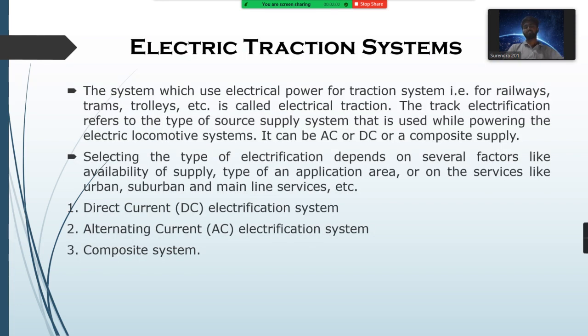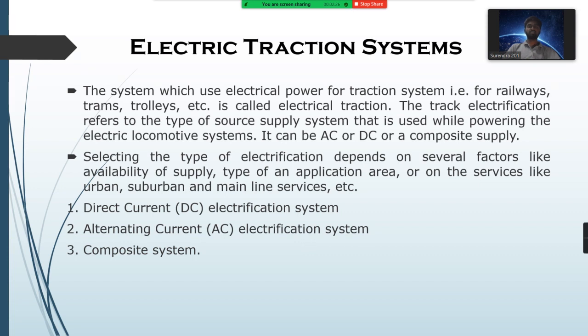First, what is an electric traction system? The system which uses electrical power for traction, that is for railways, trams, trolleys, etc., is called electric traction. Track electrification refers to the type of supply system that is used while powering the electric locomotive.